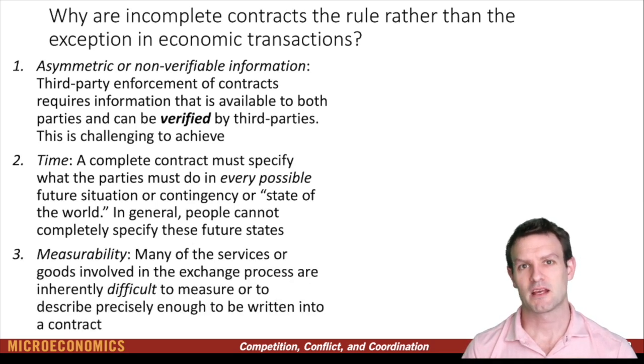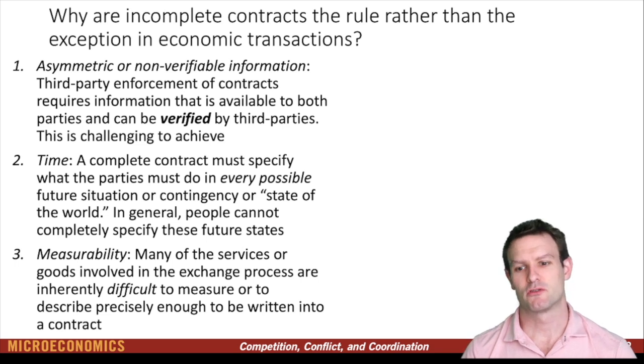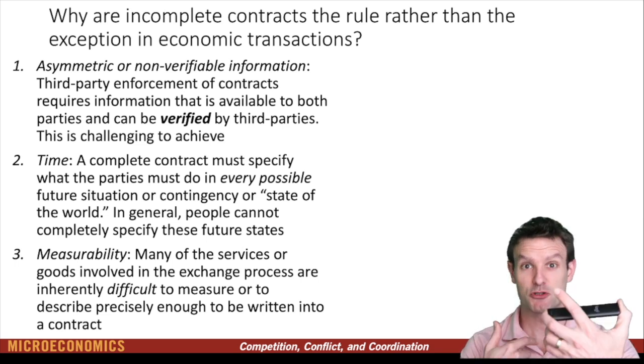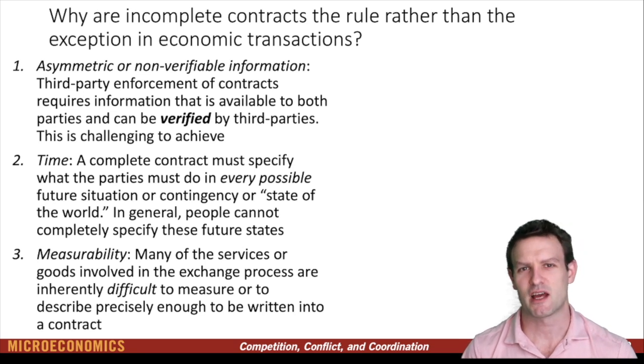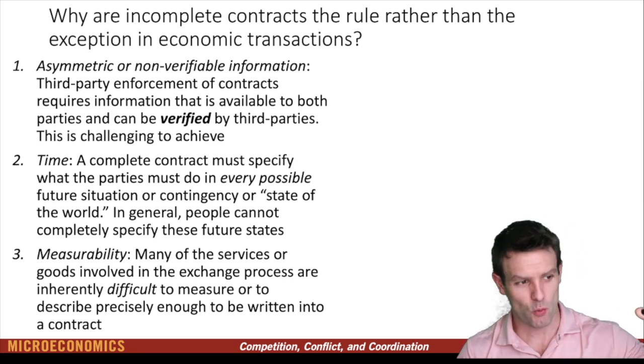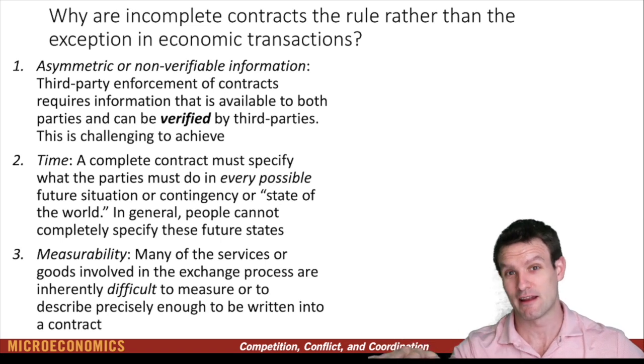Next thing is measurability. Here the problem is that many goods and services involved in exchange between you and me, or between various parties to exchange, are very difficult to measure. And even when they can be measured, it's hard for us to describe them in a very precise way. Even if I can measure one thing, that doesn't mean that I'm able to measure everything that's important and relevant, right?